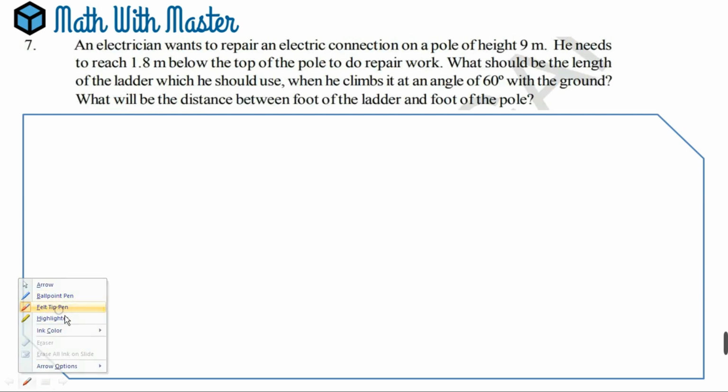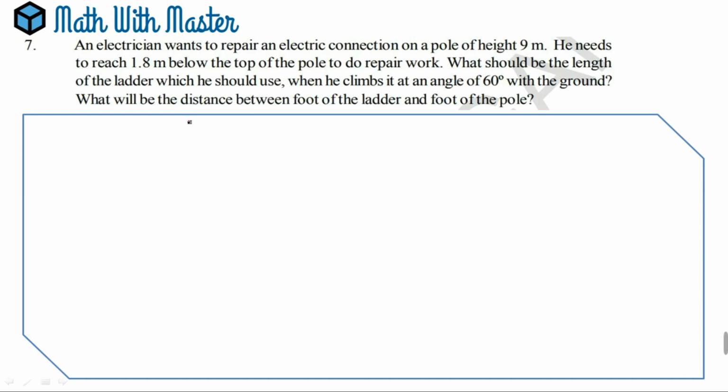An electrician wants to repair an electric connection on a pole of height 9 meters. He needs to reach 1.8 meters below the top of the pole to do repair work.